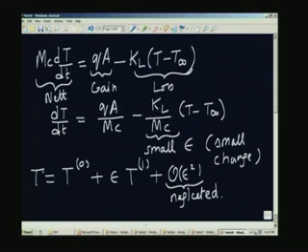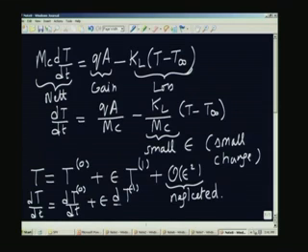All I have to do is substitute this into the equation, and then dT by dt will become dT naught by dt plus epsilon times dT1 by dt. The left hand side becomes this, and on the right hand side this is a constant, and this is of the order of epsilon. Therefore, this term must be equal to this, and the second term must be equal to the second term here.